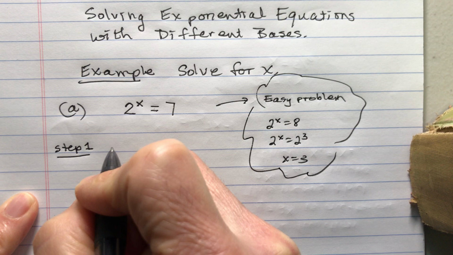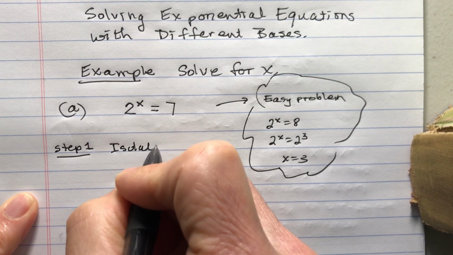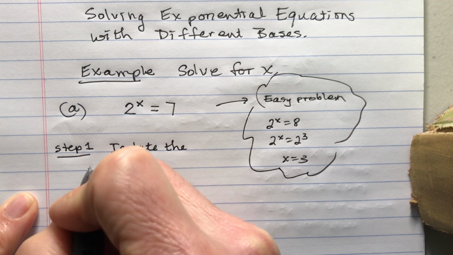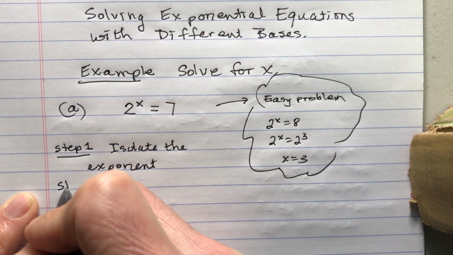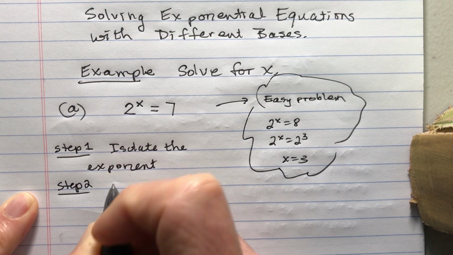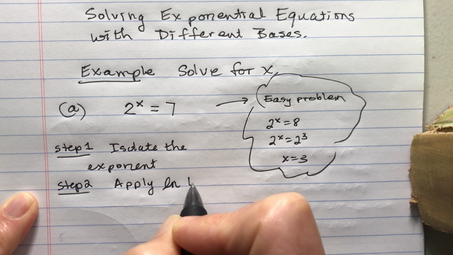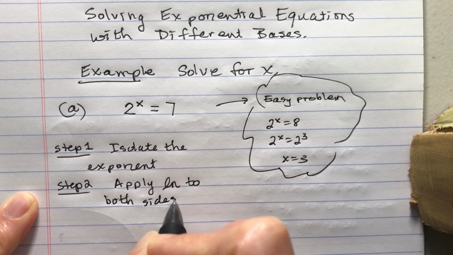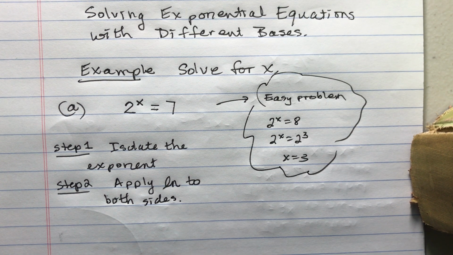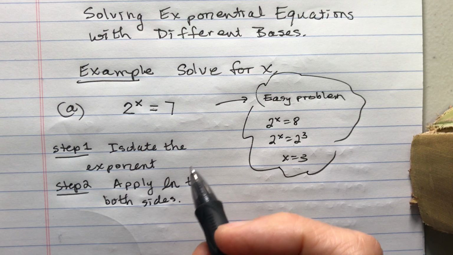Step 1 is isolate the exponent, which was already done for us. Step 2, apply ln to both sides. You don't have to do that, but I'm going to tell you that you have to do it when we have a test.